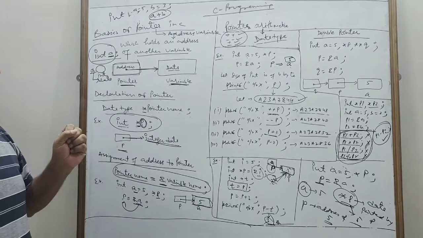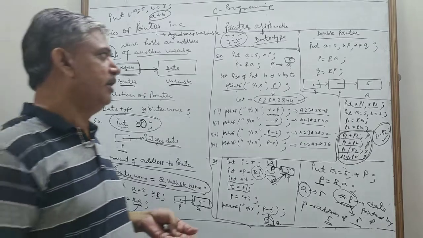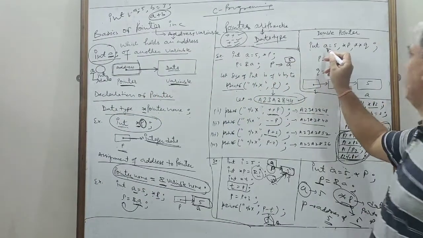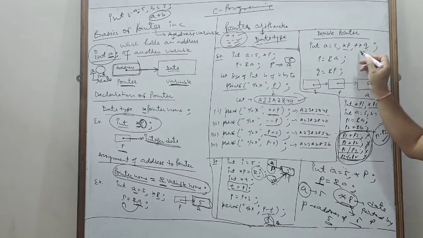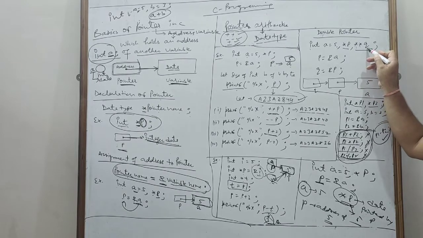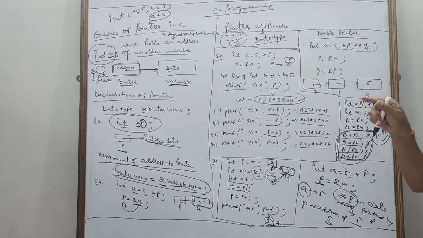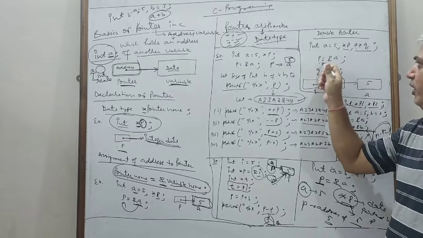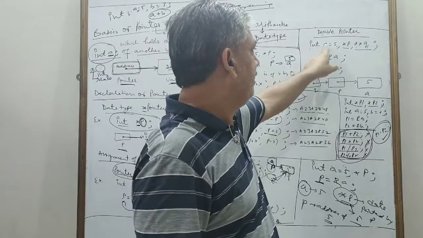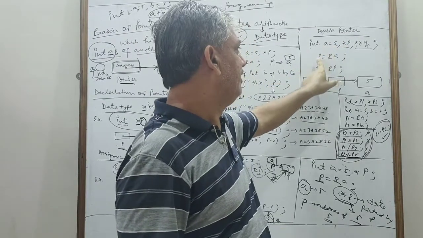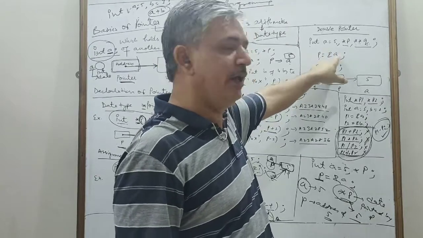We can also declare double pointers. Double pointer means pointer to the pointer. Here int a = 5, pointer p, and this is double pointer q. A double pointer points to a pointer, whereas a pointer points to a variable. With int a = 5 and p = &a, a is a variable, so p points to a.